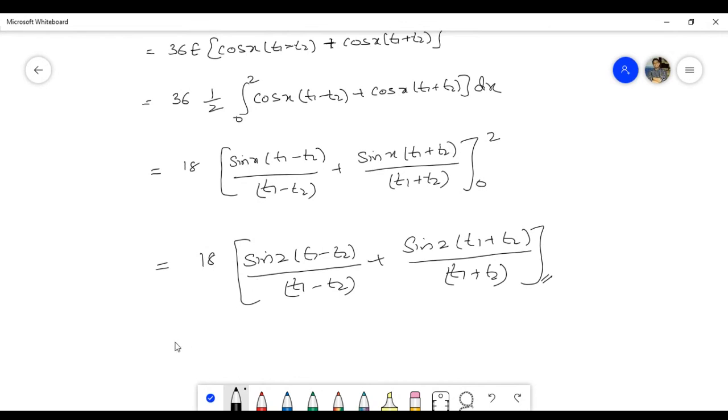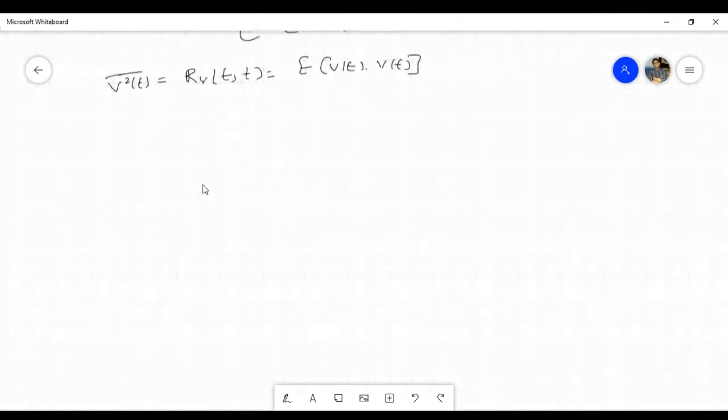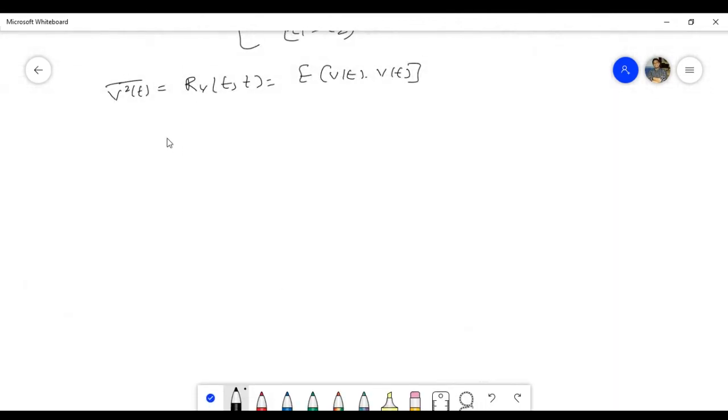So let us move to the variance. V square of t bar is Rv of t comma t, which is equal to the expected value of v of t into v of t. So this is the expected value of 6 cosine xt, 6 cosine xt.